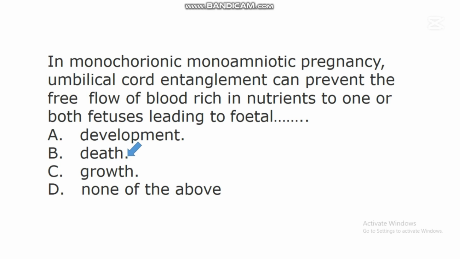So in this situation, there will be a difficulty in the flow of blood rich in nutrients to one or even both fetuses, and this can lead to the death of the fetus or the fetuses in the womb. So this is one of the challenges with respect to monochorionic monoamniotic pregnancy.